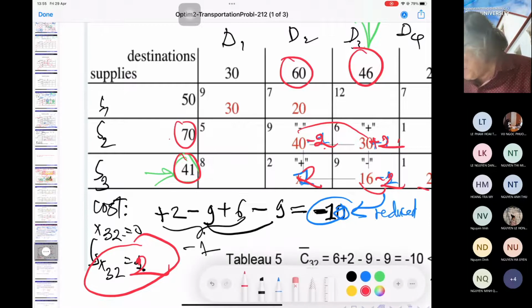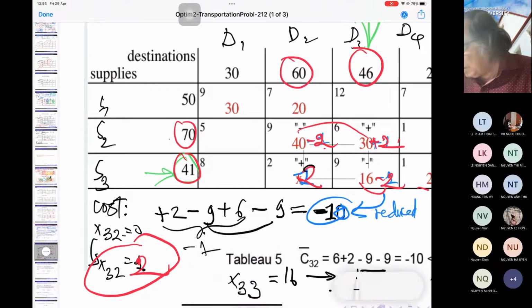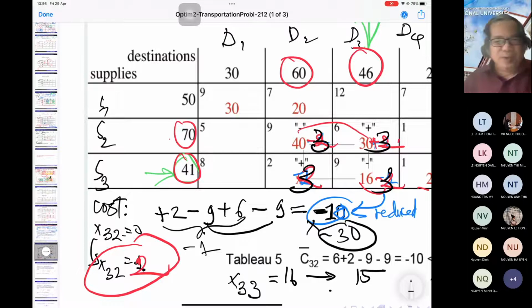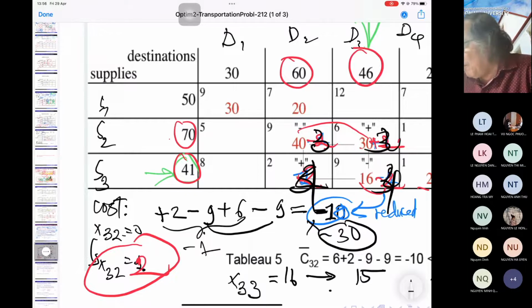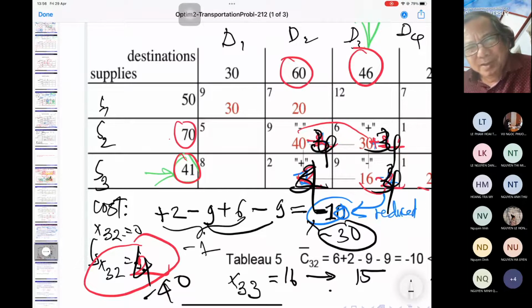If we move 3, if we move to this 3, and then here minus 3 plus 3 minus 3, and then the cost will reduce 30. If I move 4, the cost will reduce 40. Is that okay? So we move more and more, the cost will reduce more and more. And that's very good.